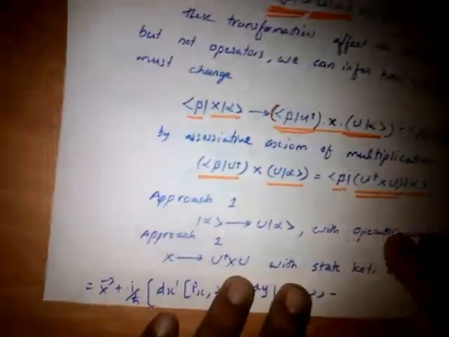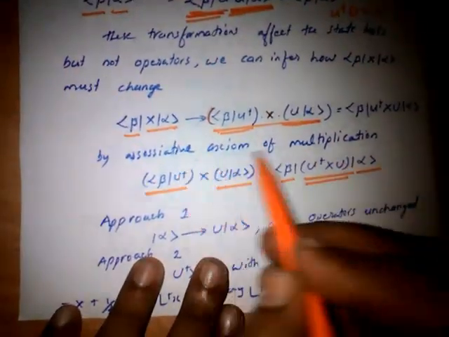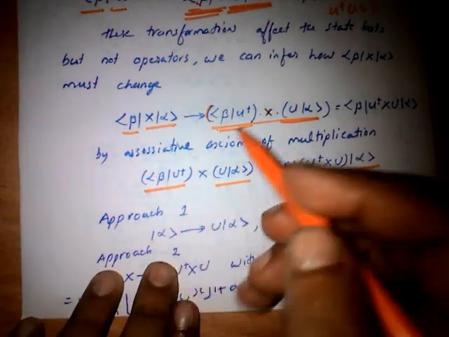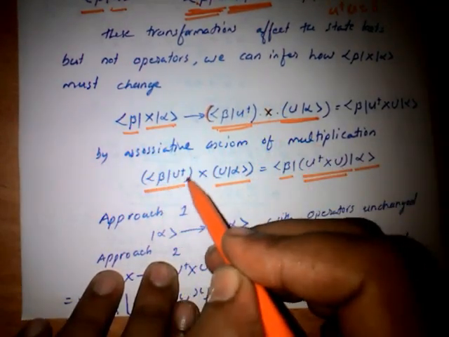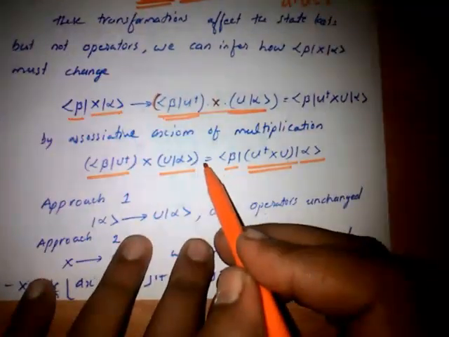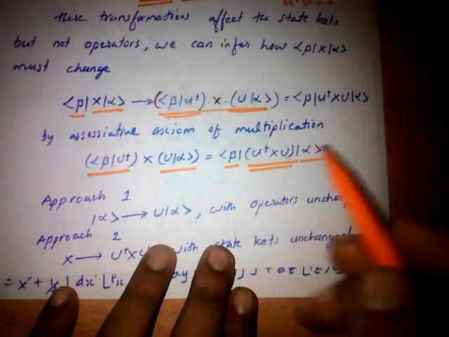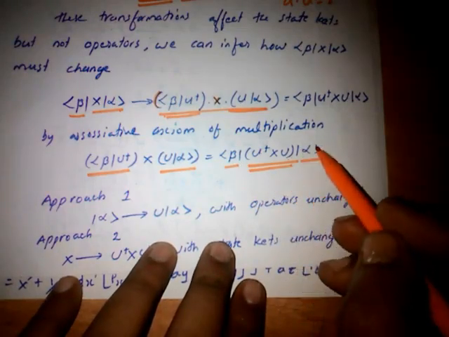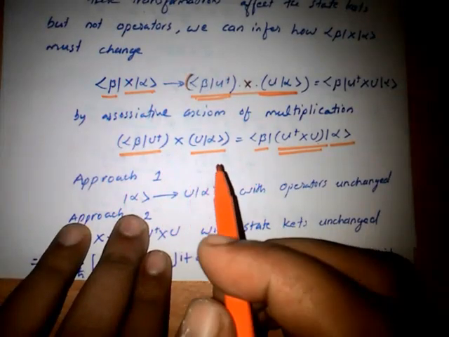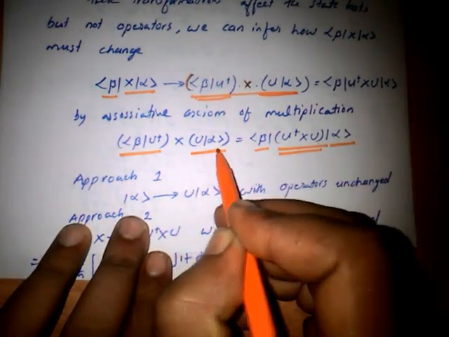By using the associative axiom, we can write this beta u dagger x u alpha equal to beta u dagger x u alpha. These are two approaches by mathematics.